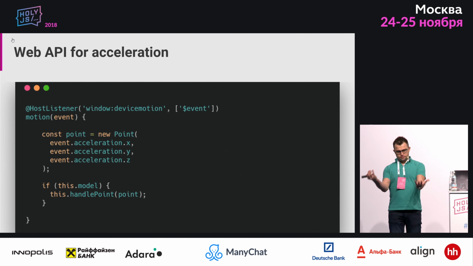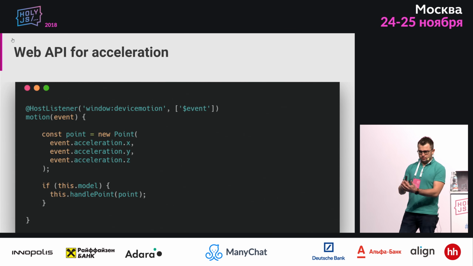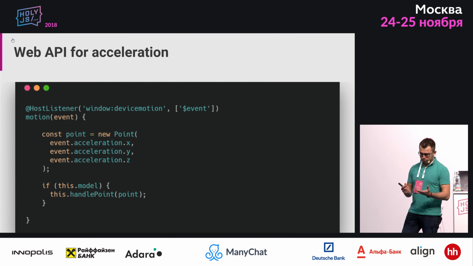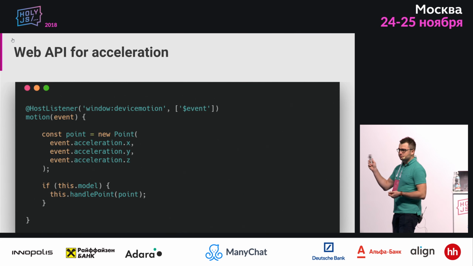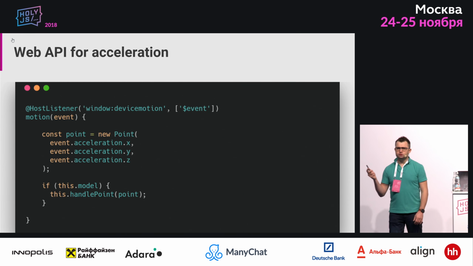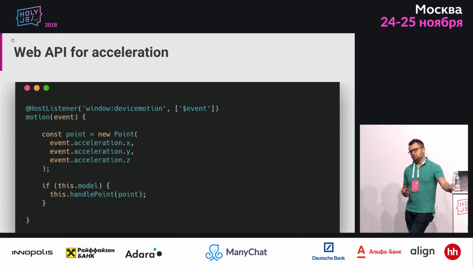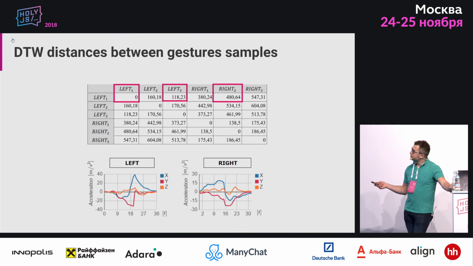And then we take these values, wrap them into an object, and apply some logic to this. This would be generated very, very often. I don't know the exact frequency, but if you plot these values, it would be a lot of data points, and this would form this kind of chart, right?